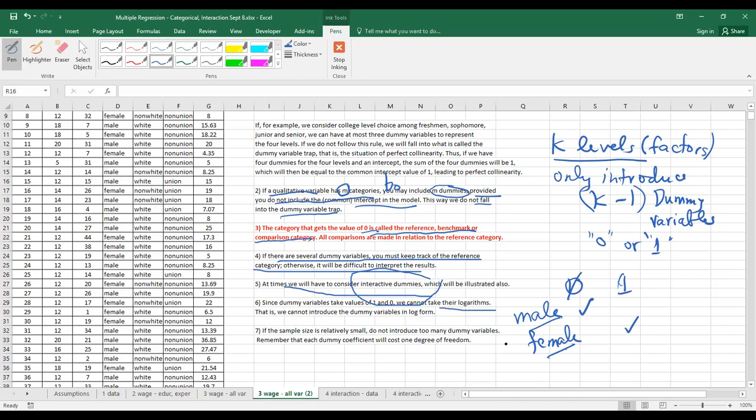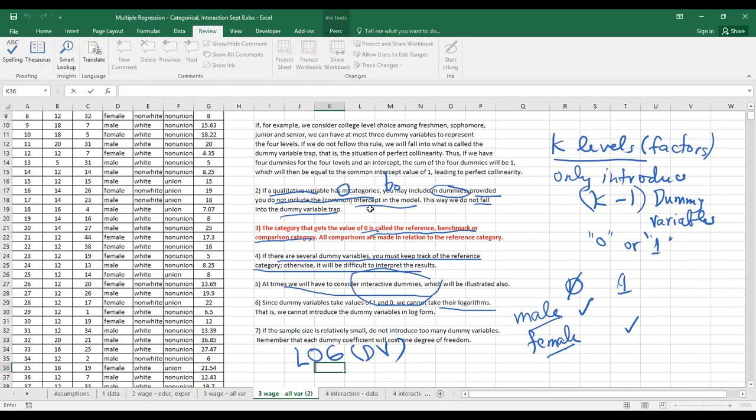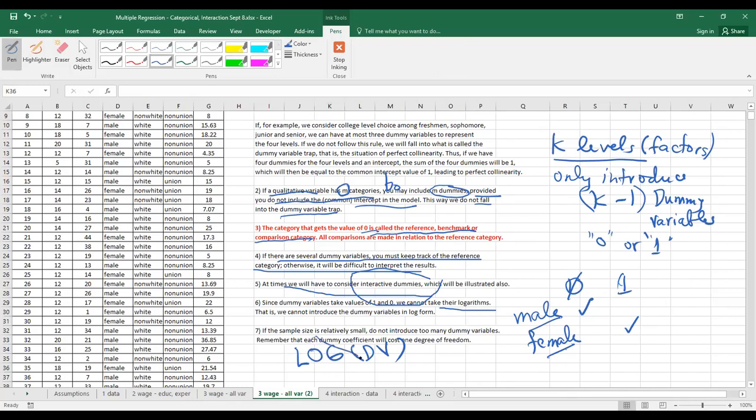Hindi pa pwedeng kunin yung logarithm, yung log o yung ln ng dummy variable. It cannot be, guys.